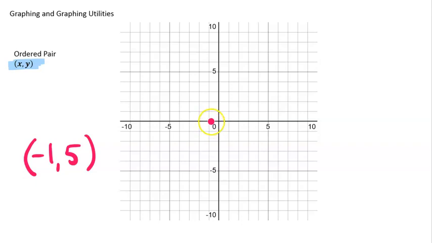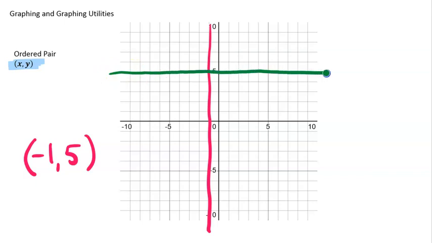Now I don't want to put a point there because I also have to find the y coordinate, which is 5. Now if I went ahead and said x is -1, that could be anywhere along this line. And then also y is 5. So again, positive is up, negative is down. If y is 5, right along here, okay, that would be anywhere along here.